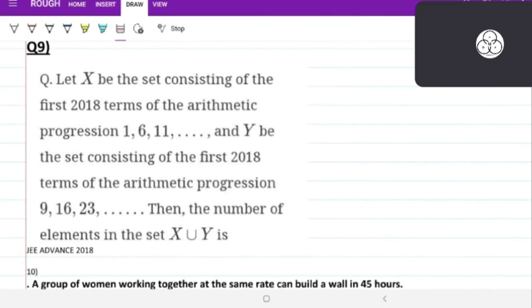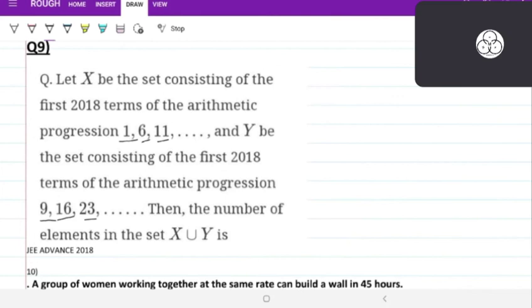Let X be the set consisting of the first 2018 terms of the arithmetic progression 1, 6, 11, and Y be the set consisting of the first 2018 terms of this 9, 16, 23. Then X union Y is... we need to eliminate the common terms.